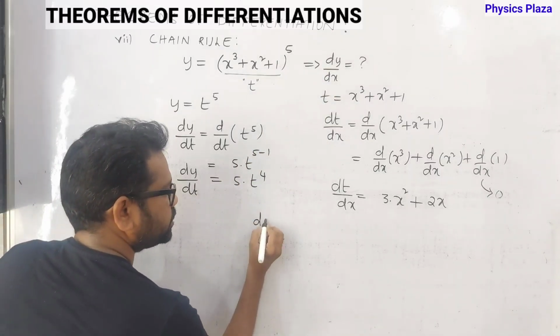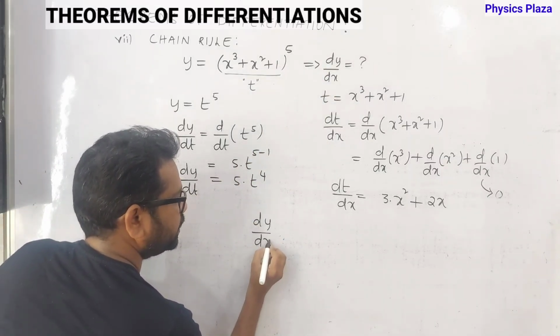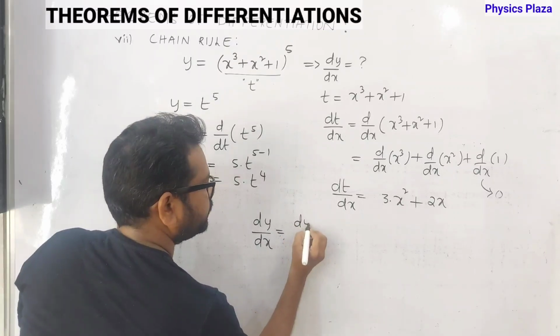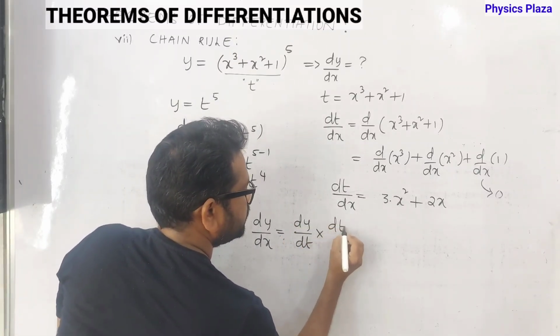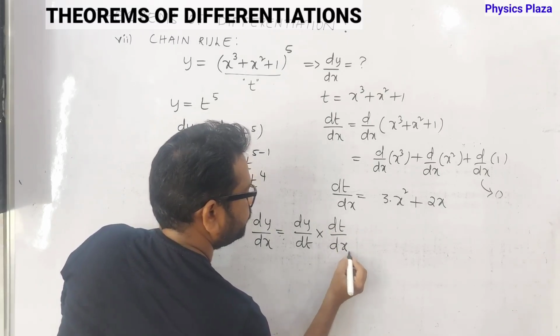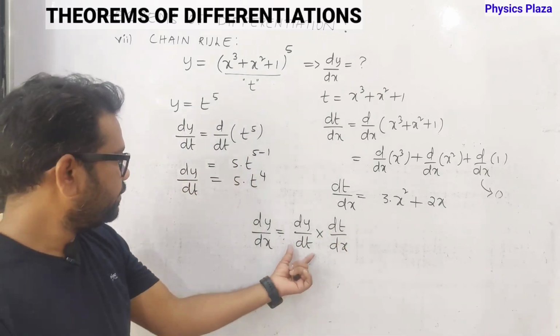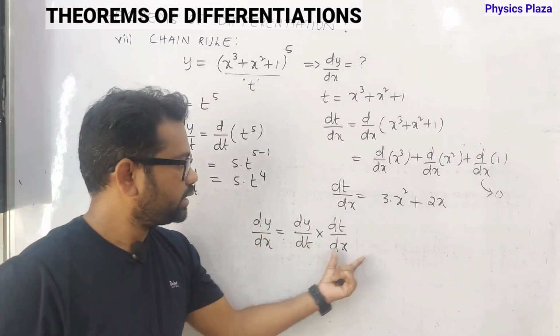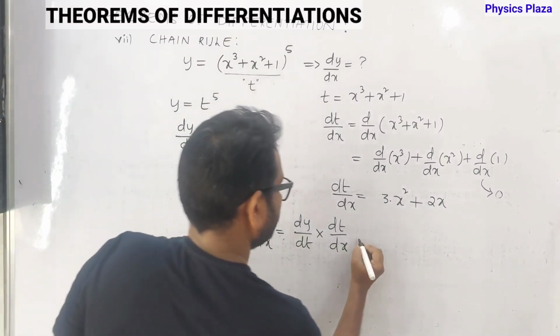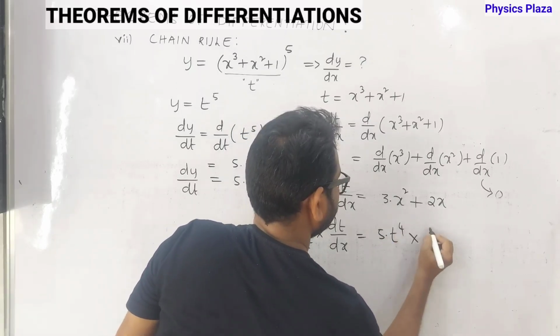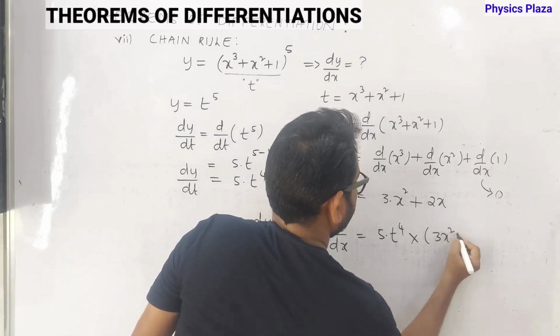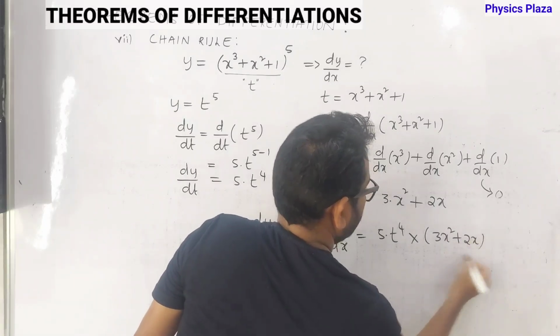So dy by dx, children, can be written as dy by dt into dt by dx. Am I right? So the dy by dt value we have, the dt by dx value we have. You can substitute here. You will get 5 into t power 4 into 3x square plus 2x.